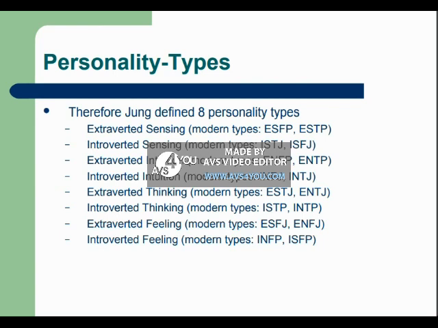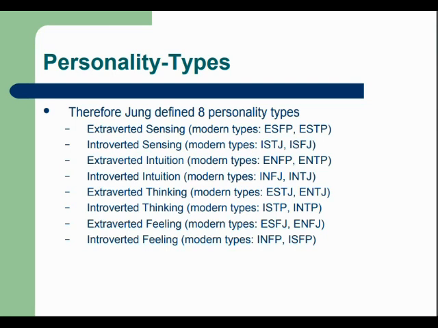Extroverted sensing, modern types ESFP, ESTP. Introverted sensing, modern types ISTJ, ISFJ. Extroverted intuition, modern types ENFP, ENTP. Introverted intuition, modern types INFJ, INTJ.